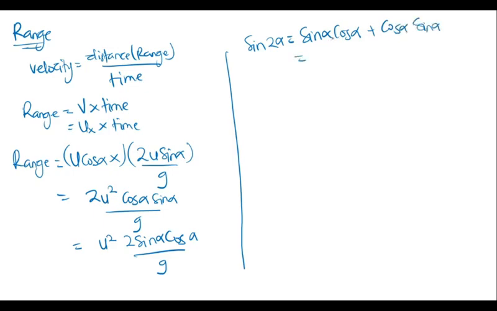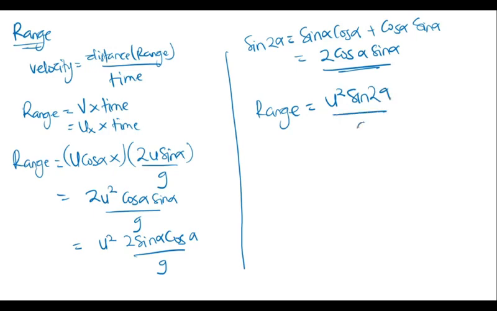They are all the same, since multiplication is commutative, so we have 2 cos alpha sine alpha, which is the same as what we have over here. So in place of 2 sine alpha cos alpha, we can bring in sine 2 alpha. It means our range is equal to u squared sine 2 alpha divided by g.